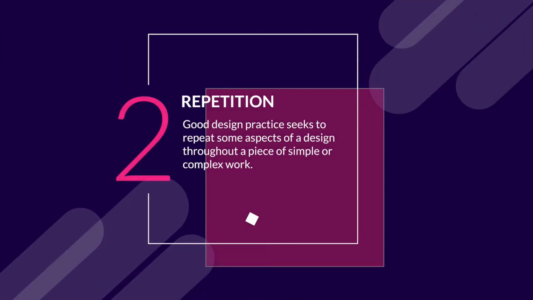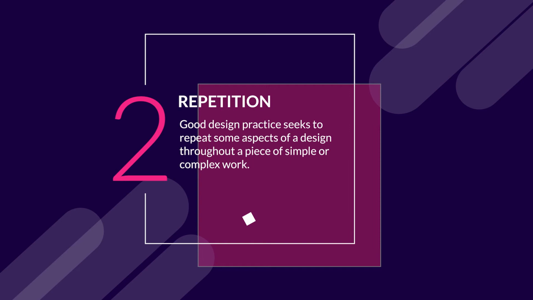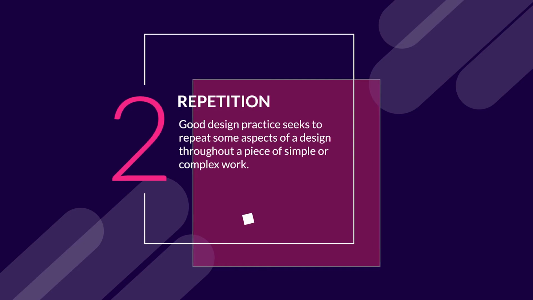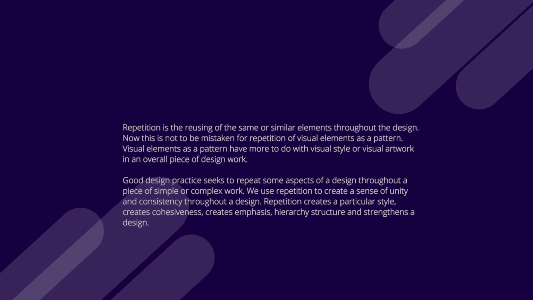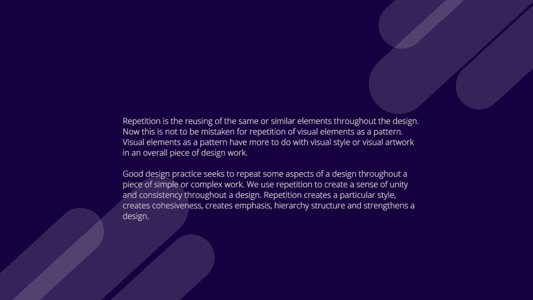Second on our list is repetition. Repetition is the reuse of the same or similar elements throughout the design. Now, this is not to be mistaken for repetition of visual elements as a pattern. Visual elements as a pattern has more to do with visual style or visual artwork in an overall piece of design work.